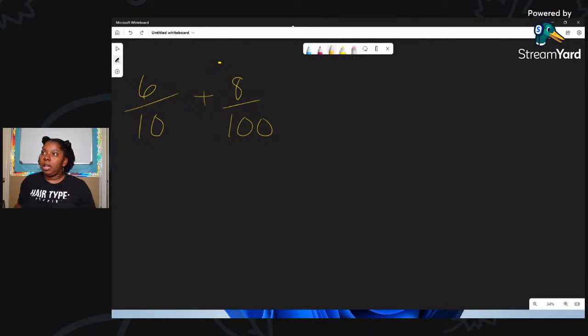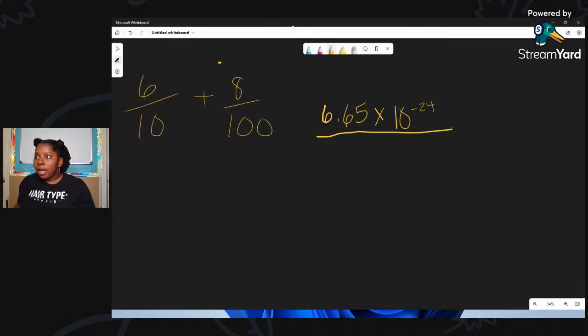Oh, there we go. So how many times greater is 6.65 times 10 to the negative 24 power. Y'all still see my screen? Okay. How many more times is it greater than 9.11 times 10 to the negative 28?